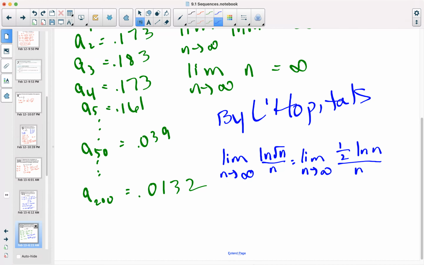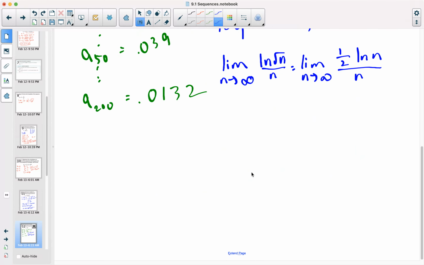That's a natural log property. So now I'm ready to take a derivative of the top. The first step was just to rewrite. So the derivative of ln of n is the derivative of n over n. Well, the derivative of n is 1. So that would be 1 over 2n over 1.